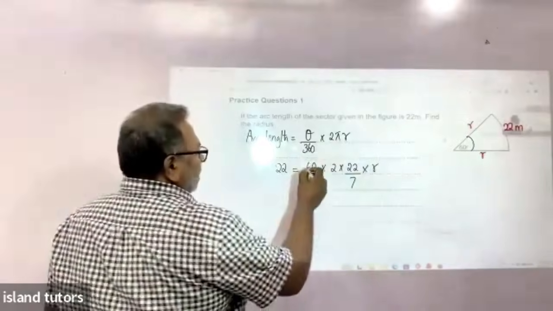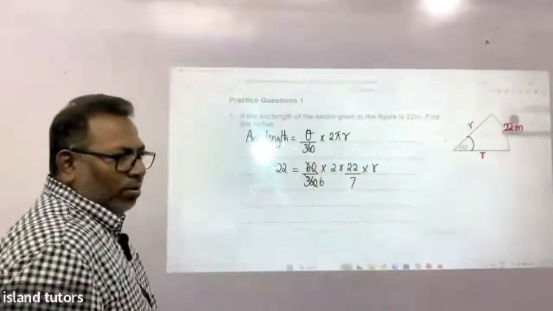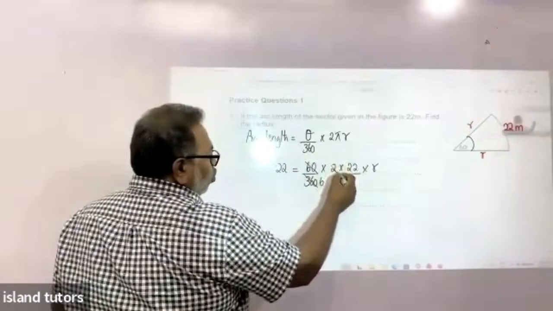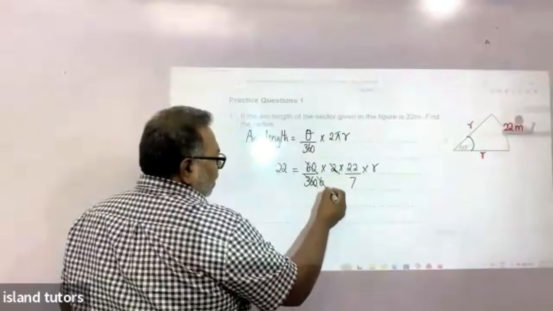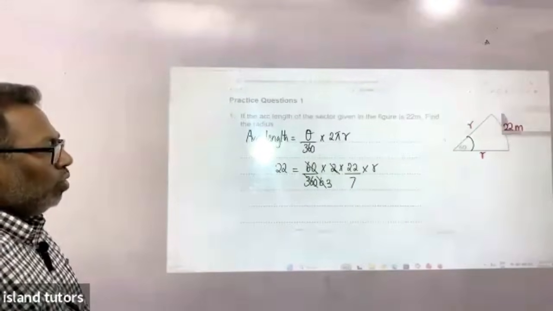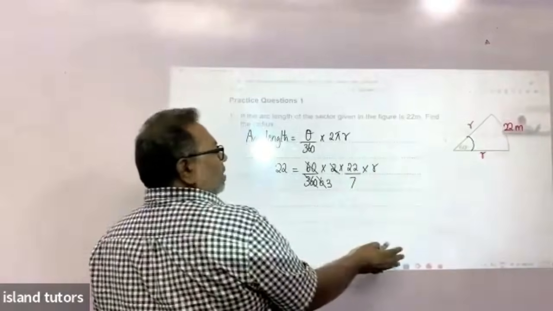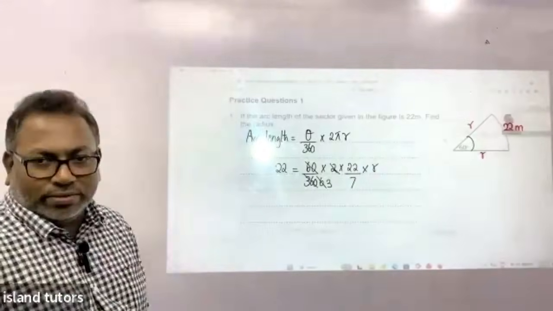Simplify. 60 and 360 we can simplify by 6. This 2 and 6 we can simplify by 3. So now, keeping r on one side, we have to take everything else to the other side.